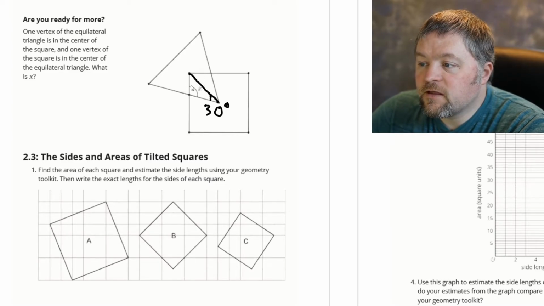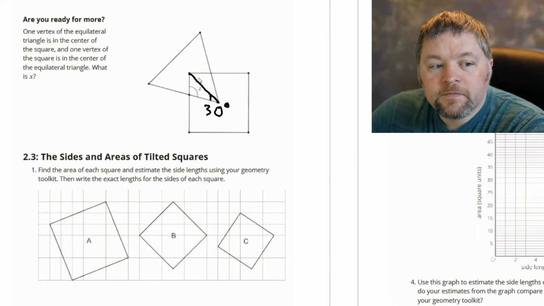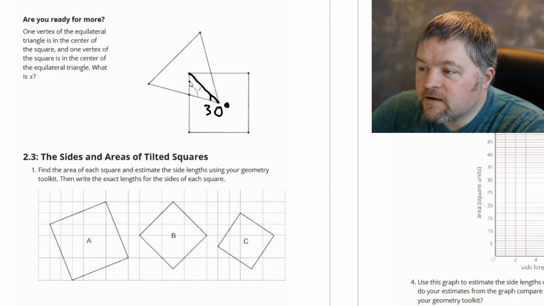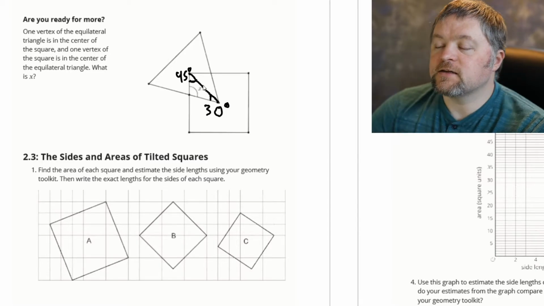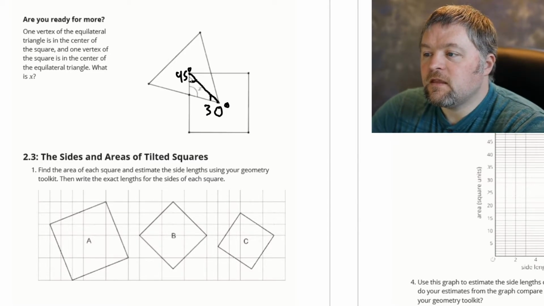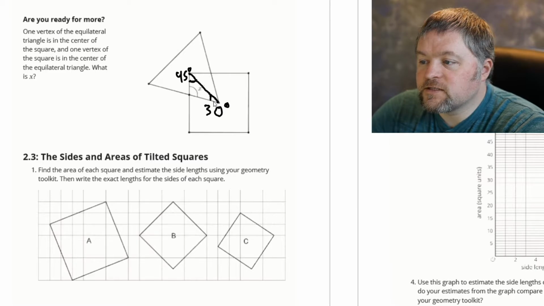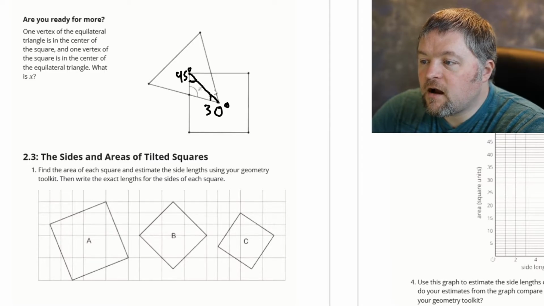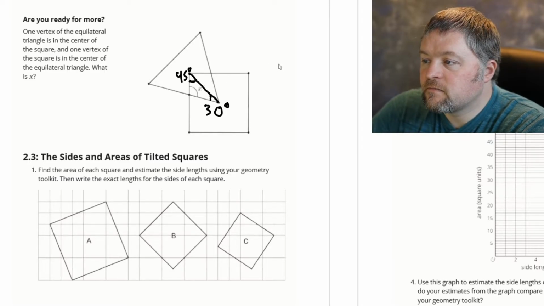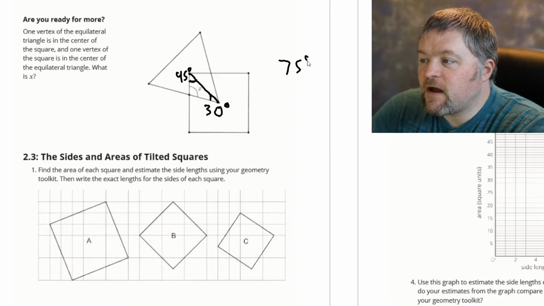Similarly, we know that this angle is 90 degrees, which means each half of it has to be 45 degrees. So, if this angle is 45 degrees and this angle is 30 degrees, these two angles combined are 75 degrees.